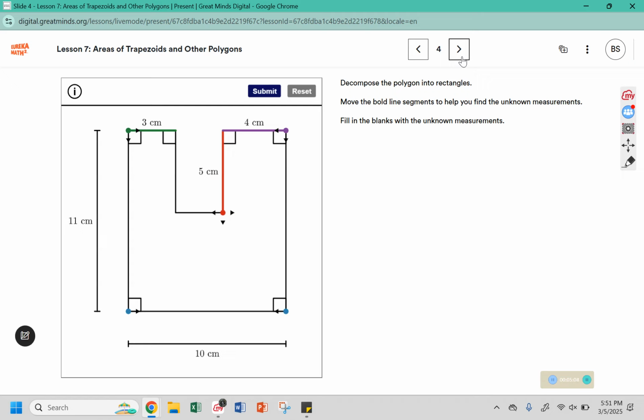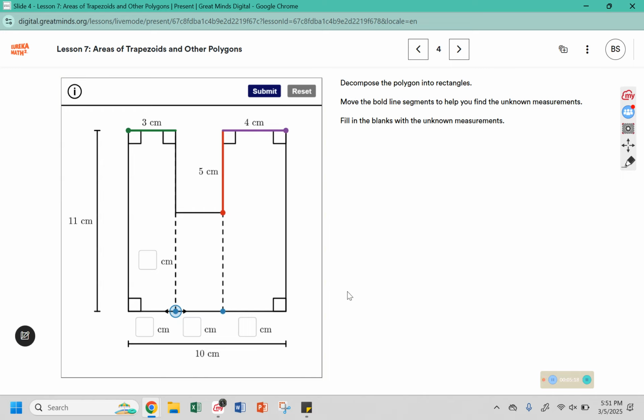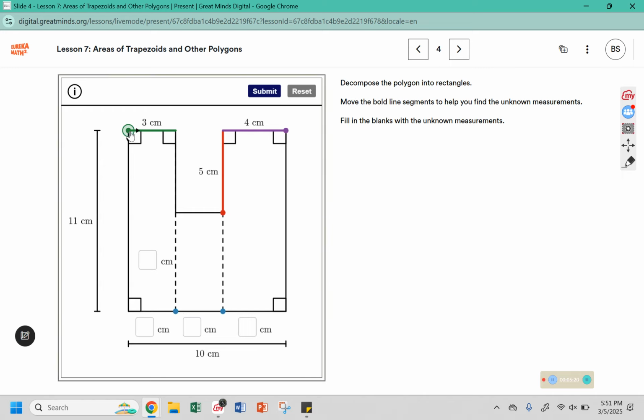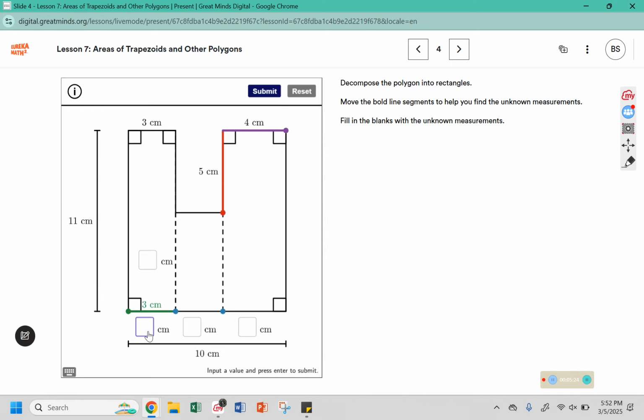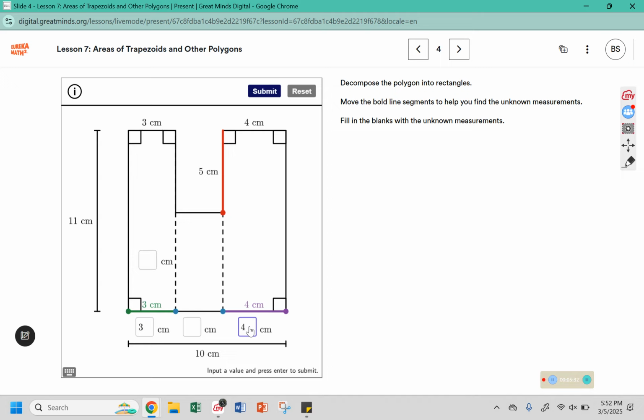Decompose the polygon into rectangles and move the line segment to help you find the unknown measures. Fill in the blanks with the unknown measurements. If this piece up here is 3, this piece must also be 3. If this part of the rectangle is 4, the bottom part of the rectangle also must be 4.